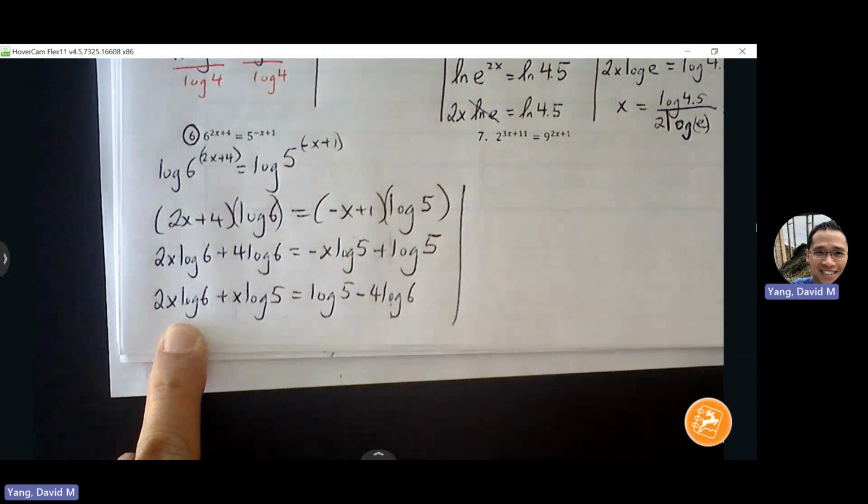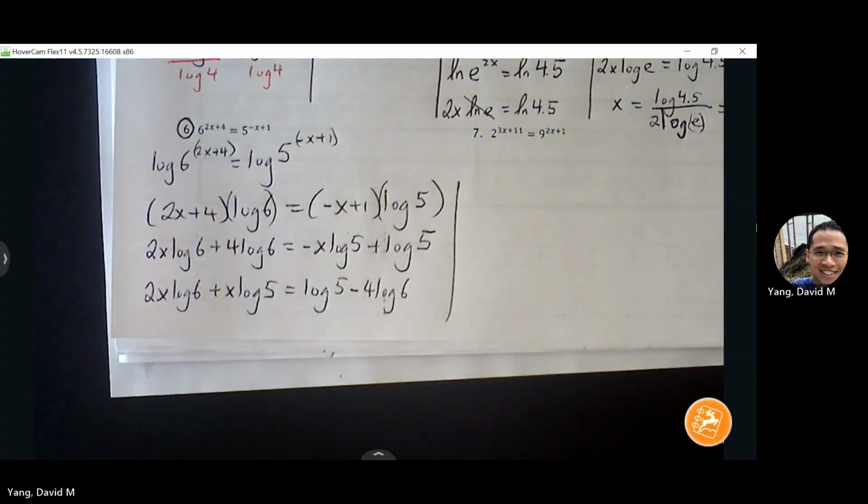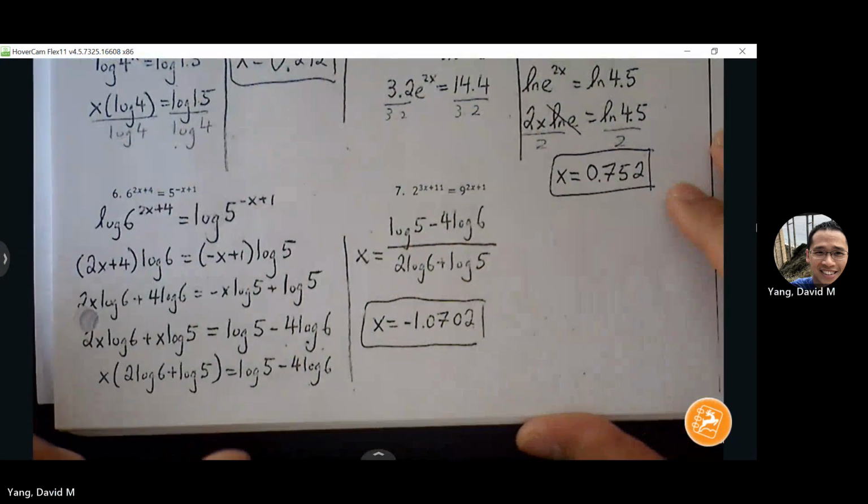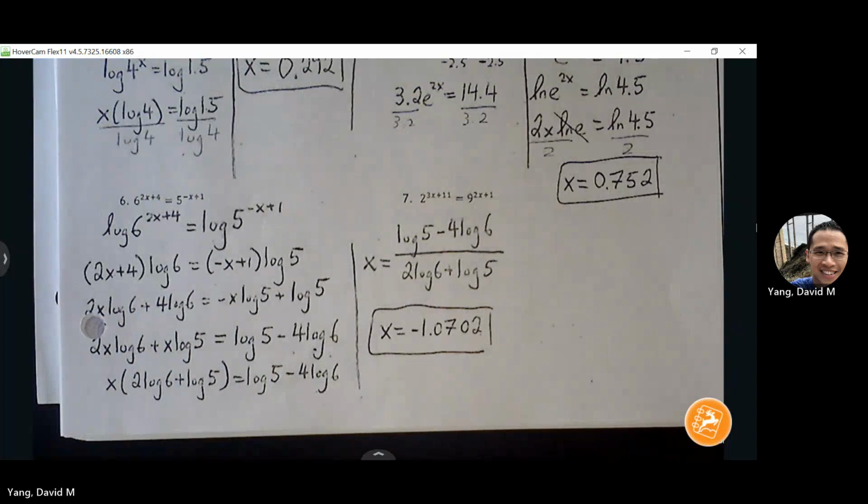Factor the x out and then divide over to the other side. Factor the x out. The rest is just going to the calculator.